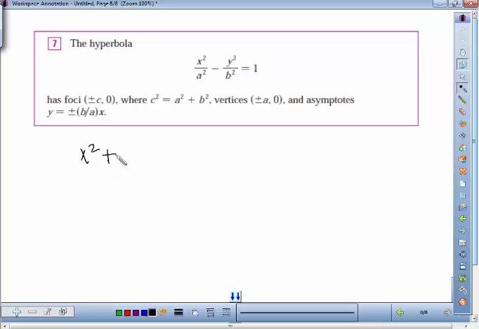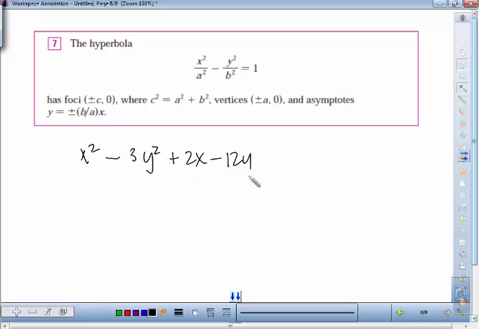X squared plus, no, this is where I want to put a minus sign, minus 3y squared plus 2x minus 12y plus 10 equals 0.